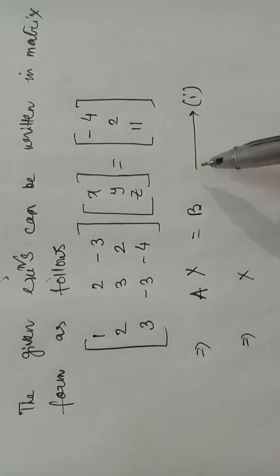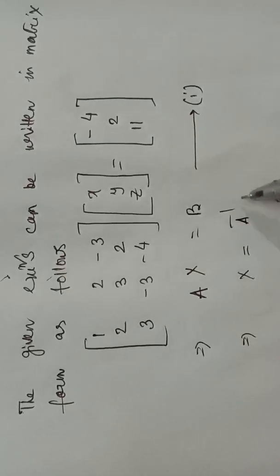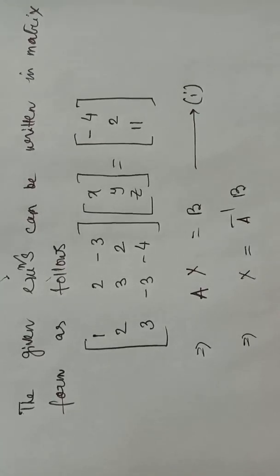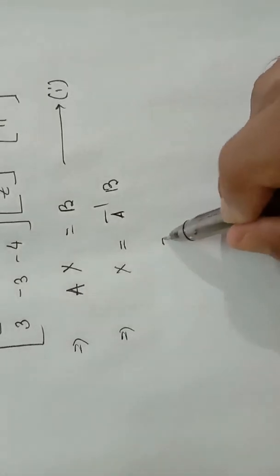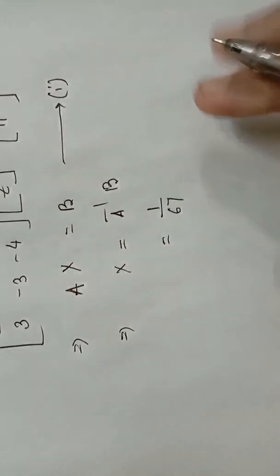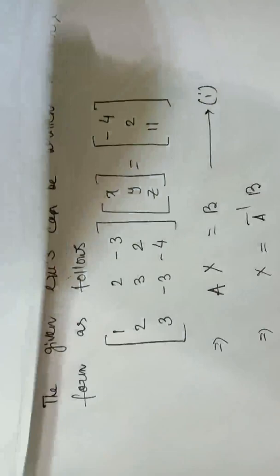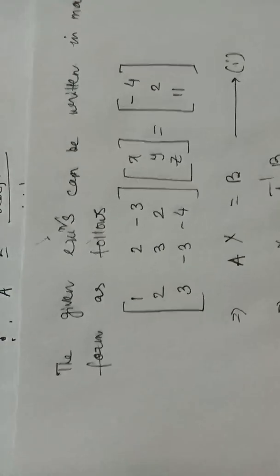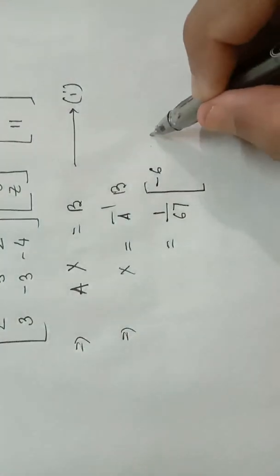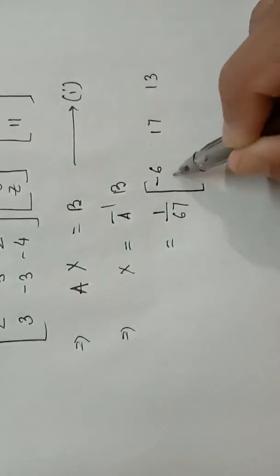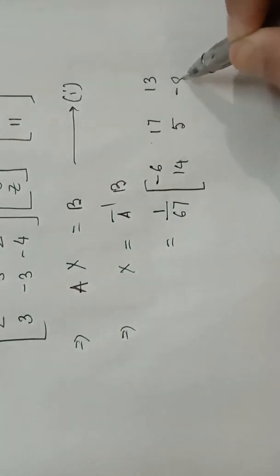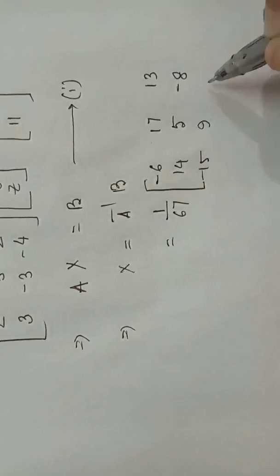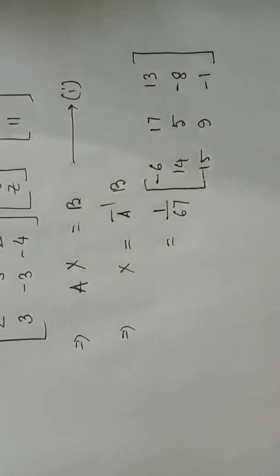So multiplying both the sides by A inverse, we will get X equal to A inverse of B. Okay, now A inverse equal to 1 by 67 into this, this is our A inverse, which is minus 6, 17, 13, 14, 5, minus 8, minus 15, 9, minus 1.